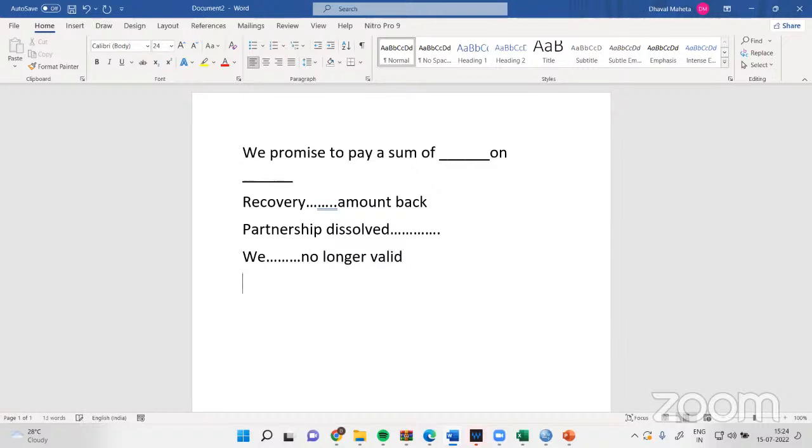So the banks were very smart. From that day, they introduced one more word, I, comma, we. It means that in individual capacity also we are promising, and in collective capacity also we are promising.